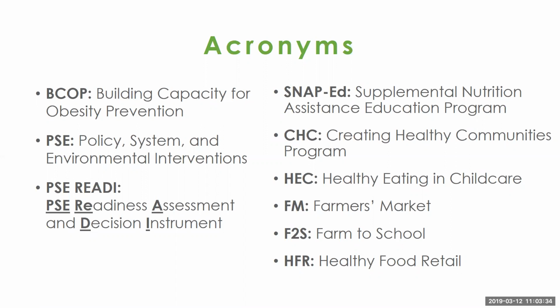Next, we have PSE, which stands for Policy, System, and Environmental Interventions. And lastly, we have PSE Ready, which is the PSE Readiness Assessment and Decision Instrument, which is the tool the website is named after. However, the website itself houses many other tools, which we will explore today, again, highlighting farmers markets.